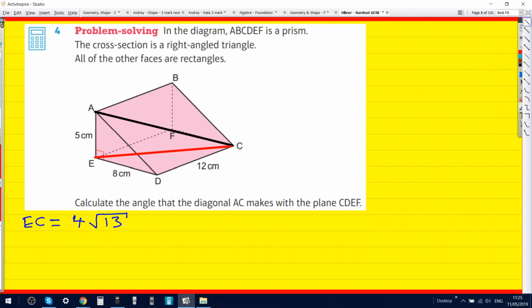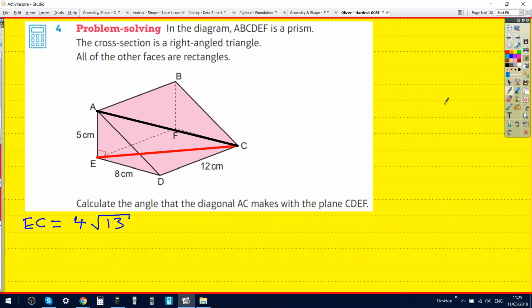So A to C, you now have a triangle, a right angled triangle. 5 squared plus 8 squared, square rooted. I think the triangle is A, B, and C. Right, yeah, we've got two lengths.